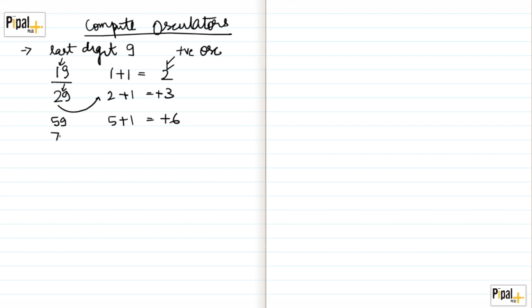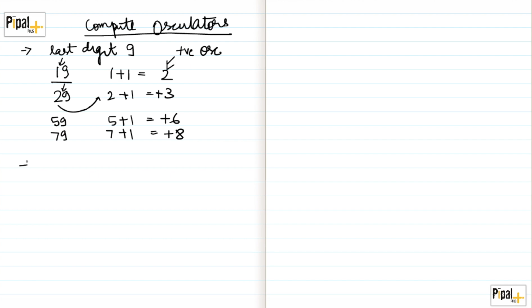For 79 it will be 7 plus 1, which is plus 8, and so on. This is how I'll find the oscillator for all numbers which have 9 in the units place, and I could go on and on. For example, for 109 it would be 10 plus 1, 11.